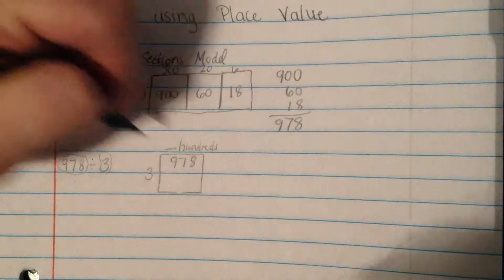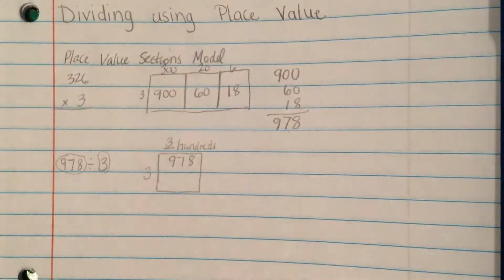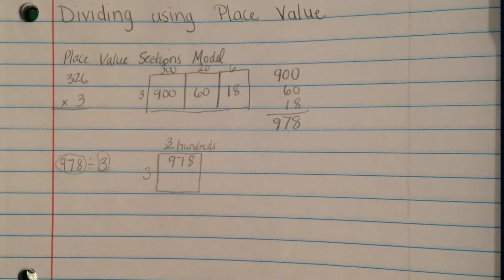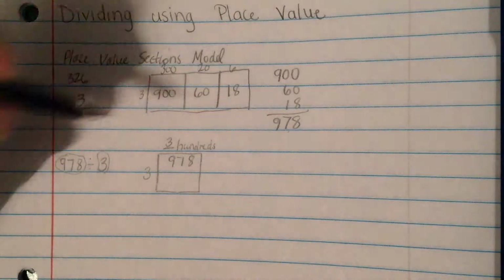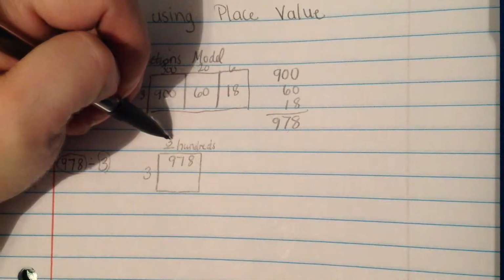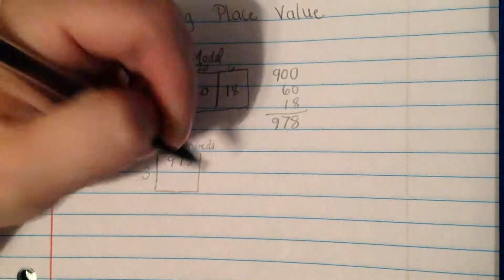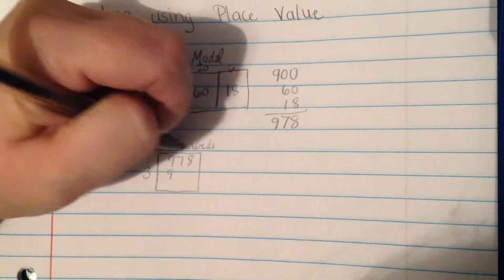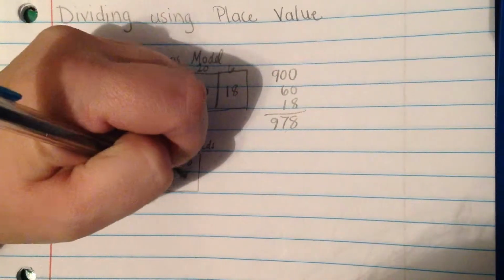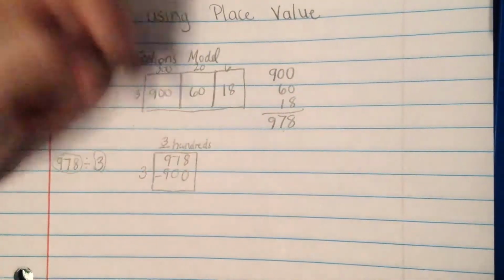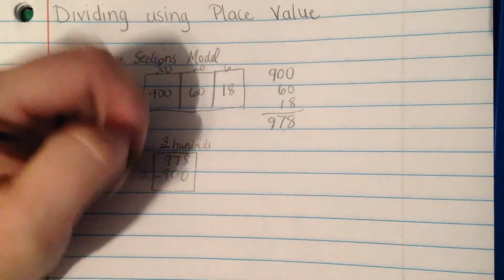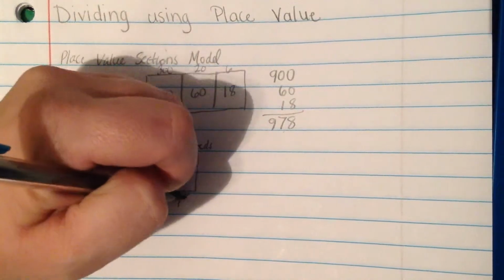Well, I know that that's 3. So now I'm going to have 3 times 3, which is 9, and it's in the hundreds place, so I have 2 zeros. I'm going to subtract, and I'm going to write my answer below it. I'm left with 78.